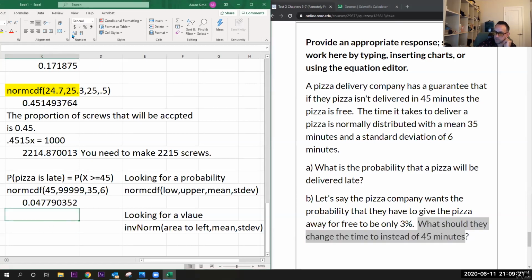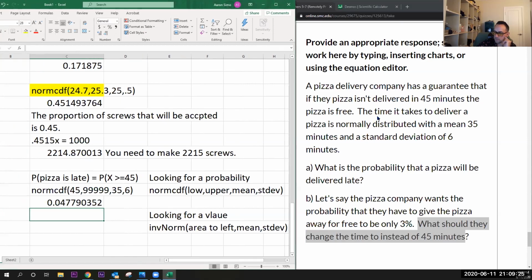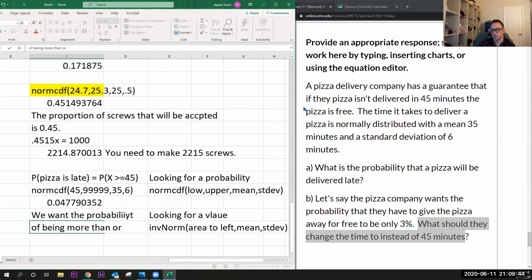So we want the probability of being more than or equal to x to be 0.03.